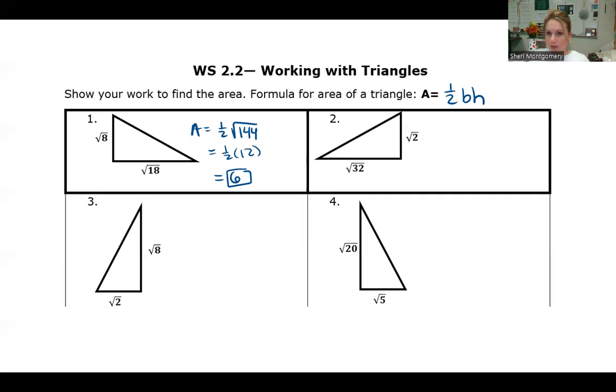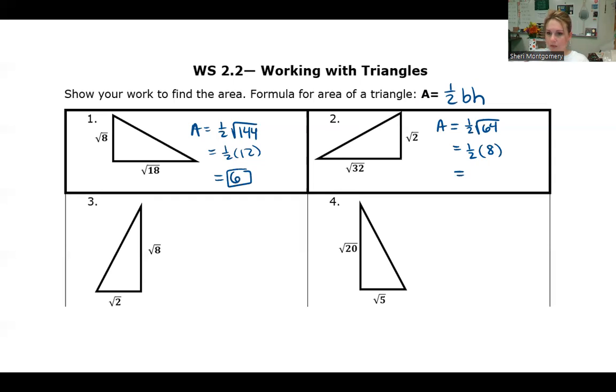The second one, it's still going to be 1/2. We got to figure out what's in the square root. So it's 2 times 32. So what is the square root of 64?